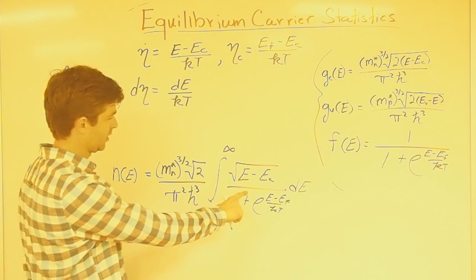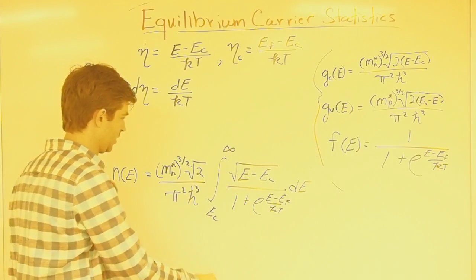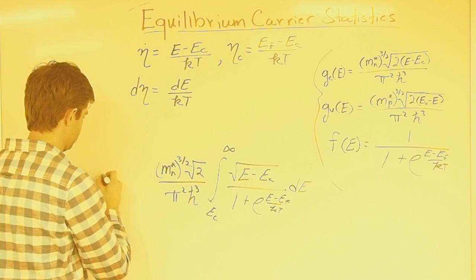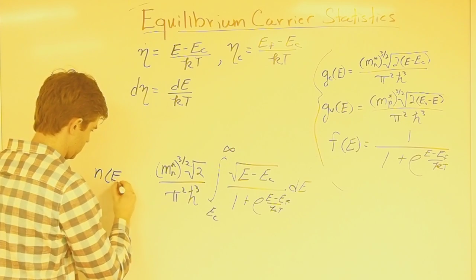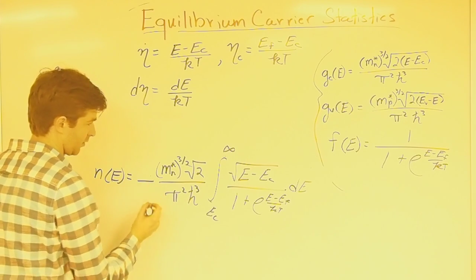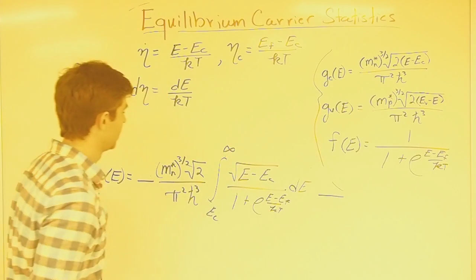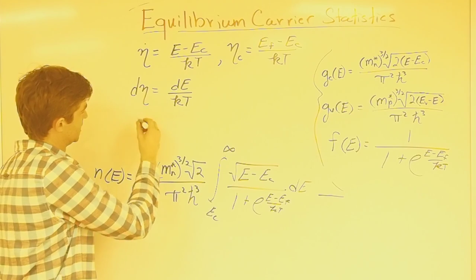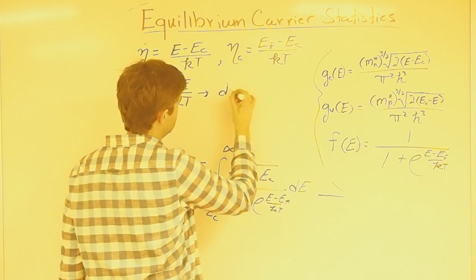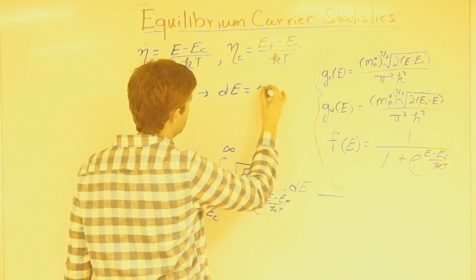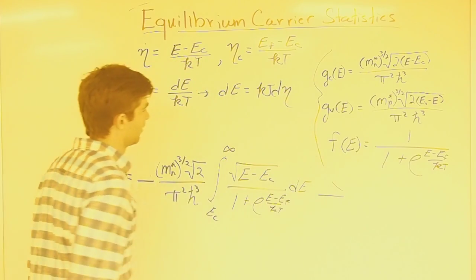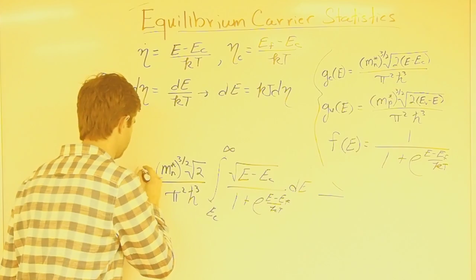Look at this right here. Let me rewrite this so everything fits in here. We have to make some substitutions here, so we need dE to be equal to kT d eta. So I'm going to multiply top and bottom by kT.